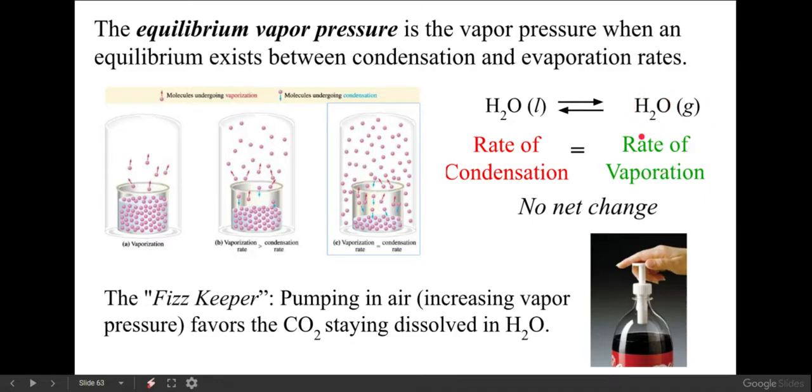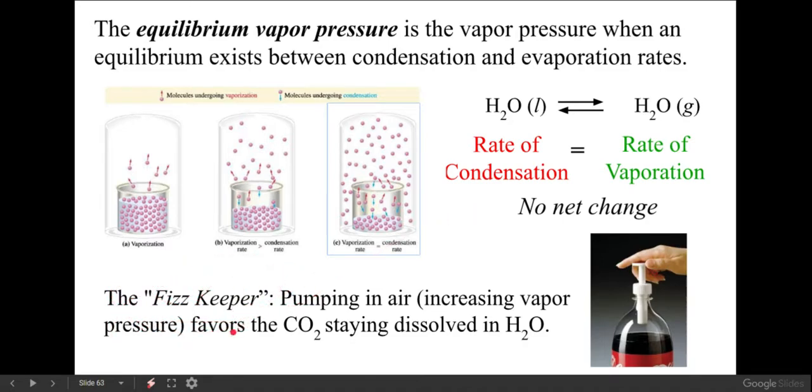It would take a whole lot of CO2 in the universe to equal that out. That's not going to happen. So at the very least, you put on a lid, and as soon as enough vaporizes that the external pressure is equal to the vapor pressure, you reach the equilibrium, and you won't lose any more fizz.